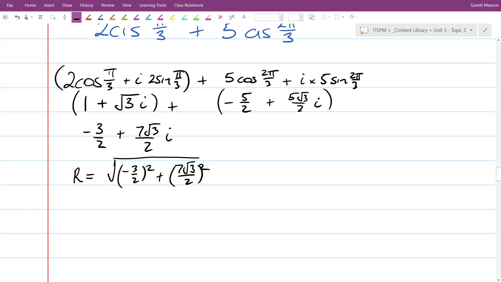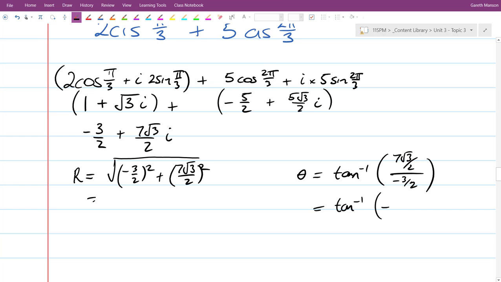And if you've got a calculator, hopefully somebody's working that out for me now. And theta is equal to tan inverse of 7 root 3 on 2 divided by negative 3 on 2. And that's equal to tan inverse, I'm just going to simplify this, of negative 7 root 3 on 3.